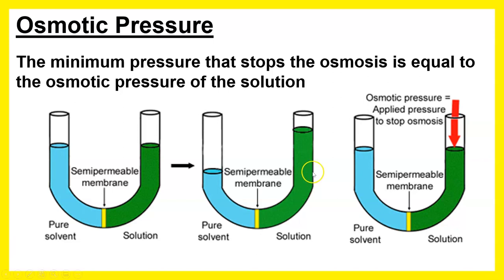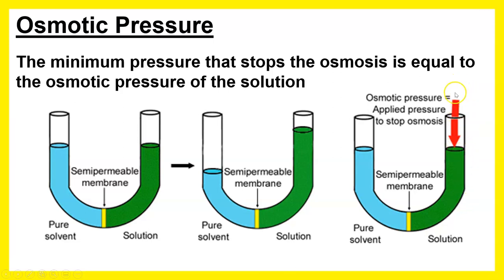If, however, you apply a pressure on this side to cram this solution down, you can counterbalance the pressure of the solvent trying to get into the solution side. Sometimes maybe you only have to apply a little bit, or maybe you have to apply a lot.